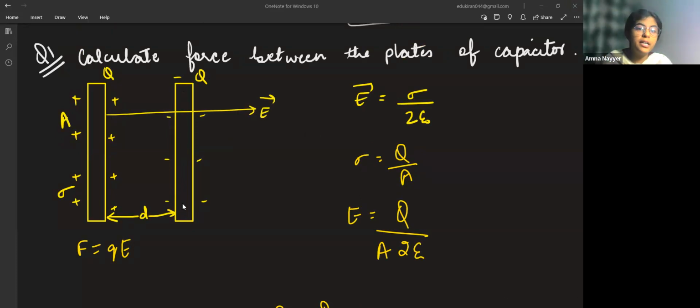Force is generated by this plate. So force becomes F is equal to minus QE due to this plate. And what is electric field? Electric field we are considering that is getting generated due to this plate. That's why we have taken this as positive and this as negative. You can exclude that also, because this is subjective, in which case you are considering where the force is being exerted. So that you have to mention in your derivation. That's why we mention the things in derivation.